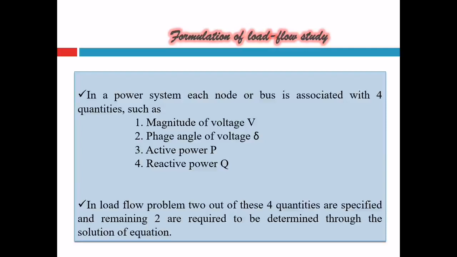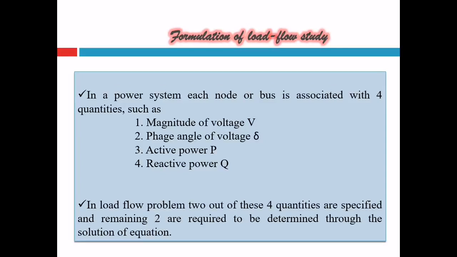In a power system, each node or bus is associated with four quantities: its voltage, the corresponding angle, the real power injected into it, and the reactive power injected. Four values are attached to any bus.